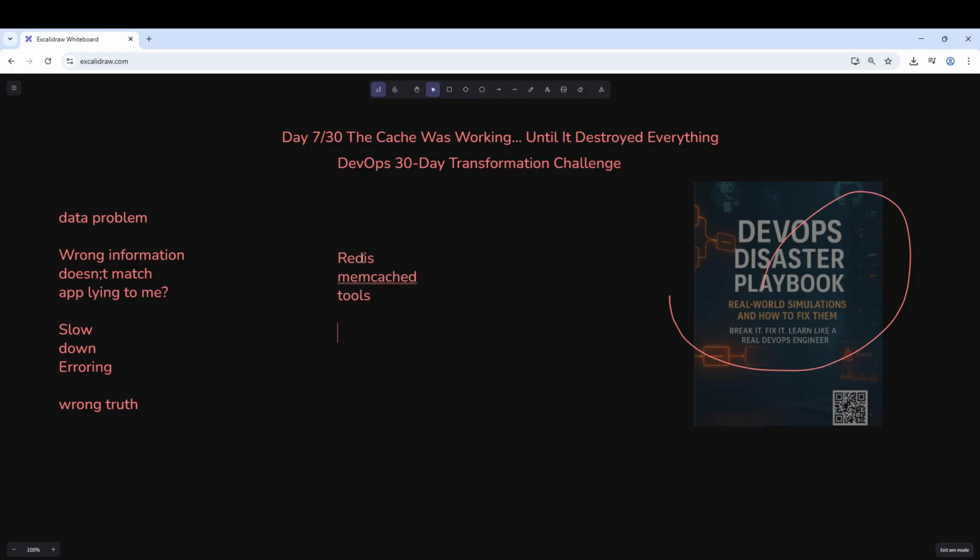Specifically, what happens when your system returns confidently wrong data. Slow systems annoy users. Broken systems frustrate users. Wrong systems destroy trust.